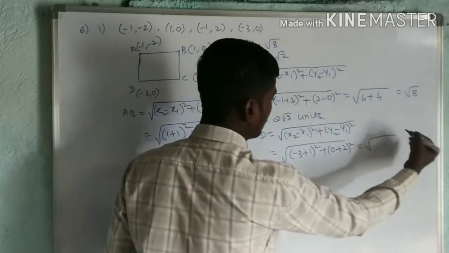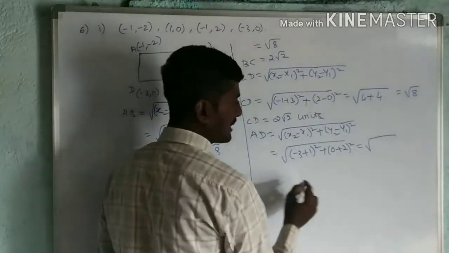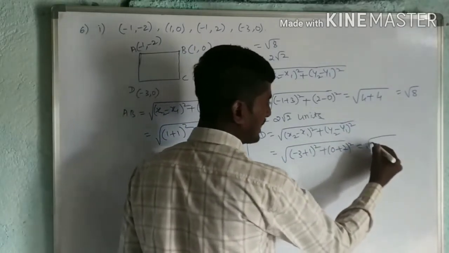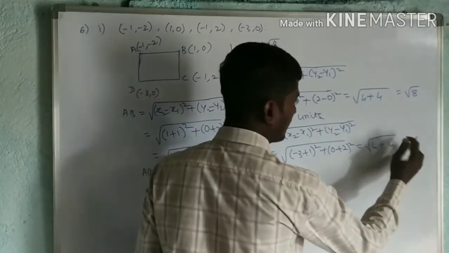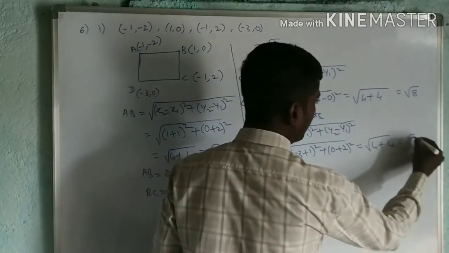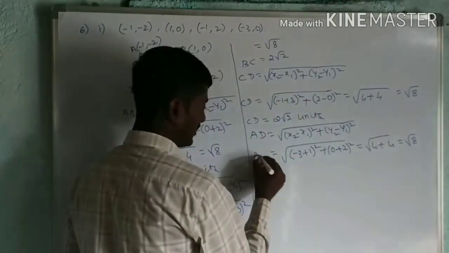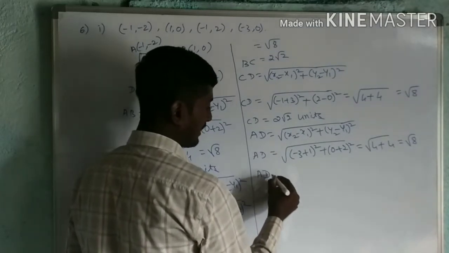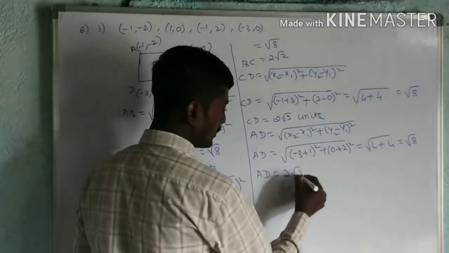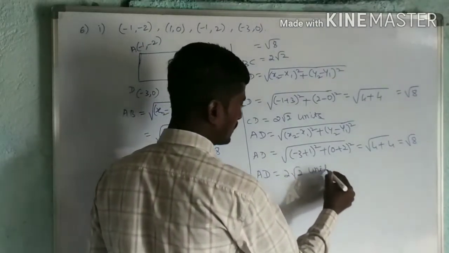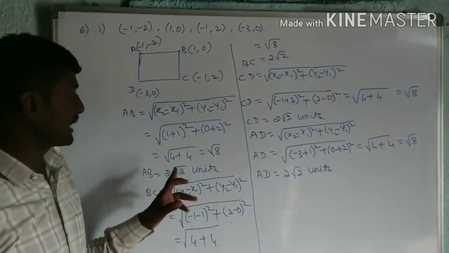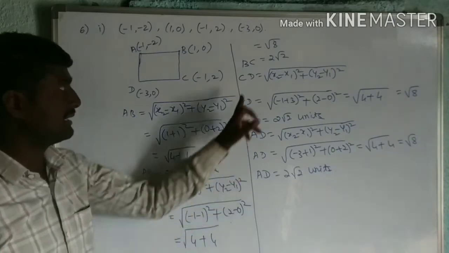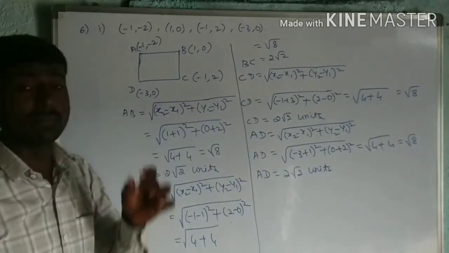This equals the square root of (minus 2) square, which is 4, plus 2 square, which is 4. So it will be root 8. Now AD is 2 root 2 units. Here all 4 sides are equal: AB, BC, CD, AD.